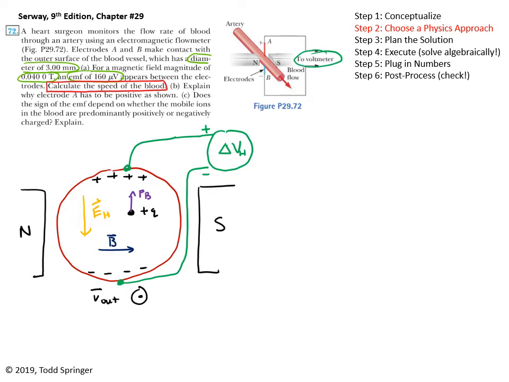But there are positive charges at the top, which repel other positive charges, so it feels an electric force downward. That electric force is counteracting the magnetic force. Once I've separated the charges enough, eventually those two forces cancel each other out, and I've come to equilibrium.